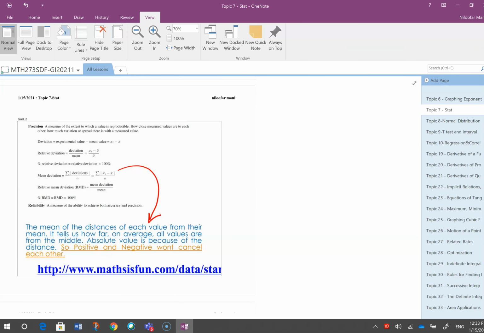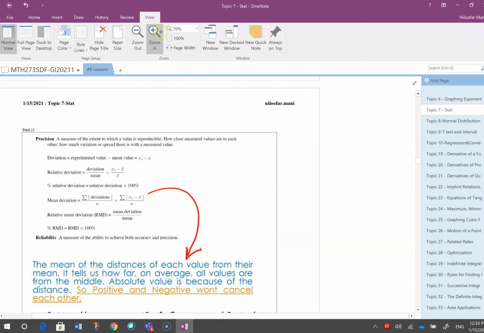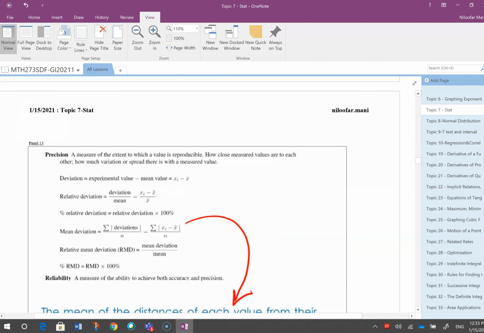Okay, so precision, as I said, is how close they are to each other. I don't think about the true value. For example, I have x1, x2, x3, x4 and x5.